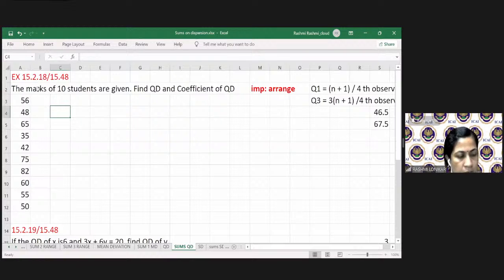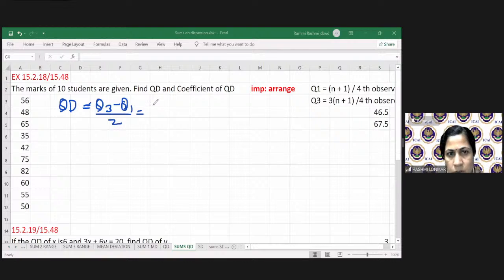I have got QD. Okay. QD will be equal to Q3 minus Q1 upon 2, which is equal to 67.5 minus 46.5 upon 2, which is equal to 10.5. Right?